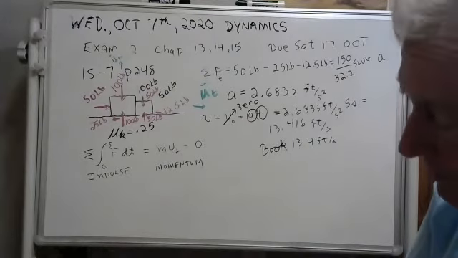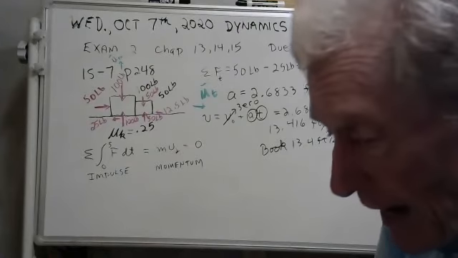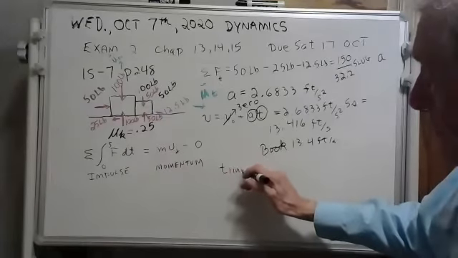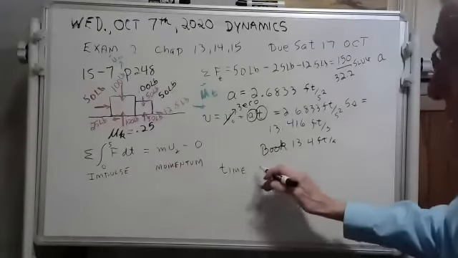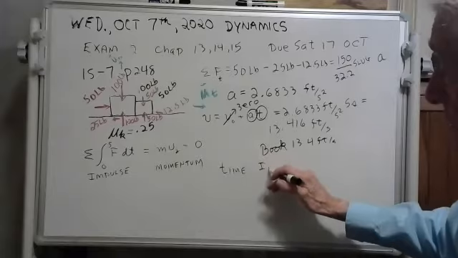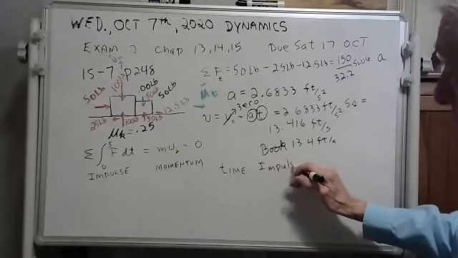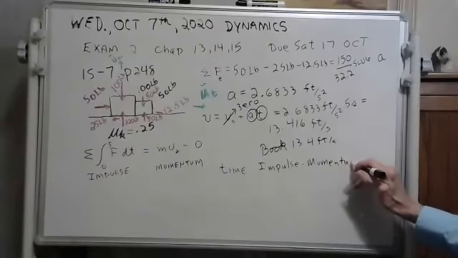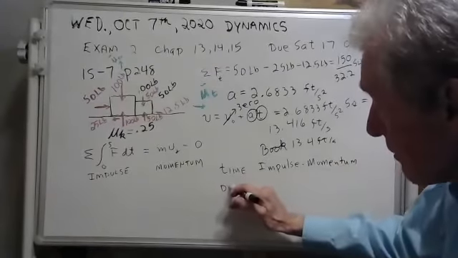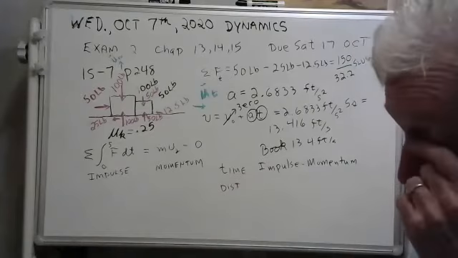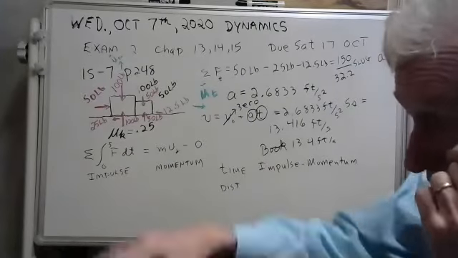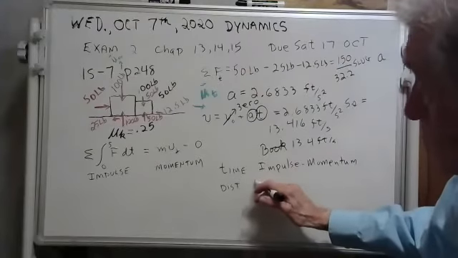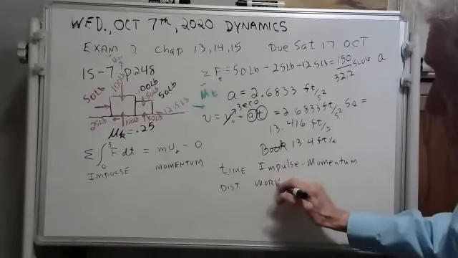I'll tell you a little secret. If a problem includes the time, then you probably want to use the impulse momentum method. If they give you the distance involved, if they tell you how far a body pulley goes up and down or whatever, you probably want to use the work energy method.